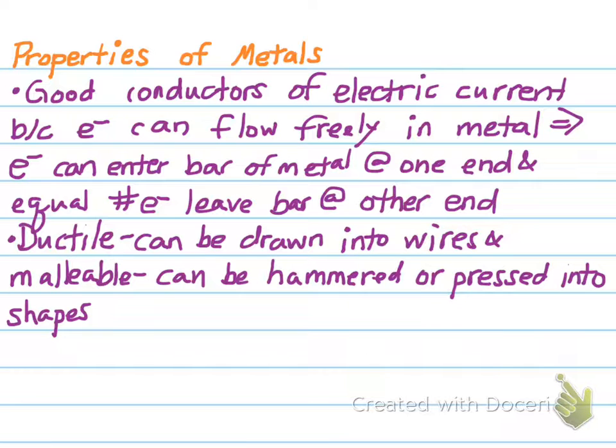And both of those properties of metals, being ductile and malleable, have to do with that sea of drifting electrons.